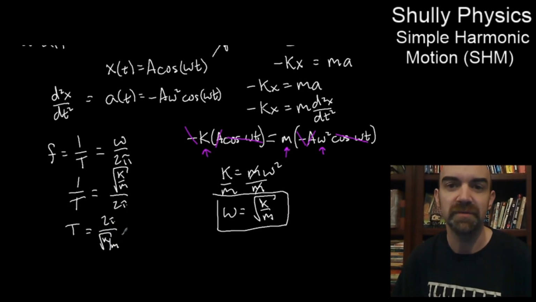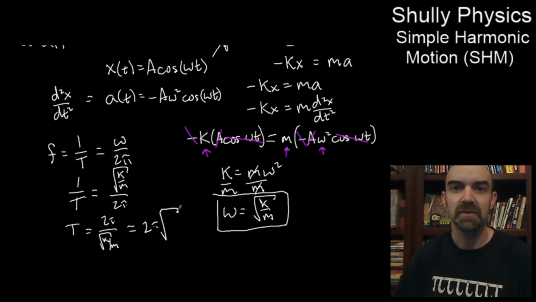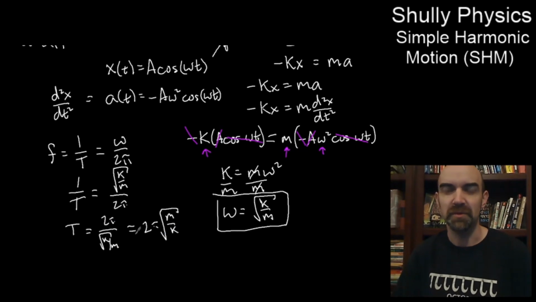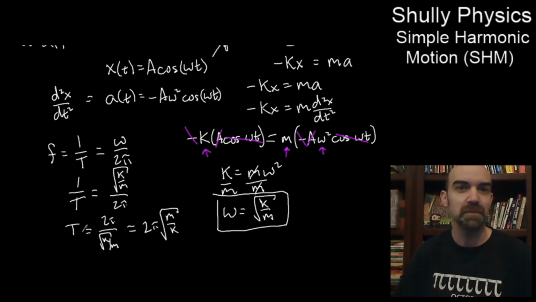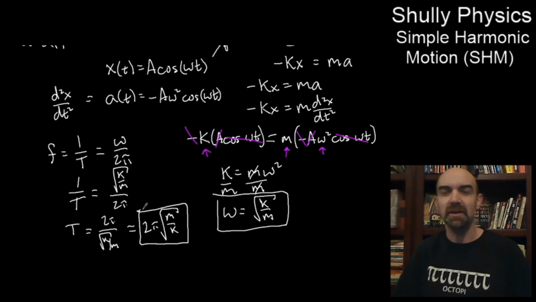It's called the Scholle flip method right there. But we could also simplify that to 2 pi times root m over k. Because this is like a 1 over root k over m. It's the same as root m over k. So we're just going to flip those, take the reciprocal, and there it is. This is the period for a mass on a spring. T equals 2 pi root m over k.